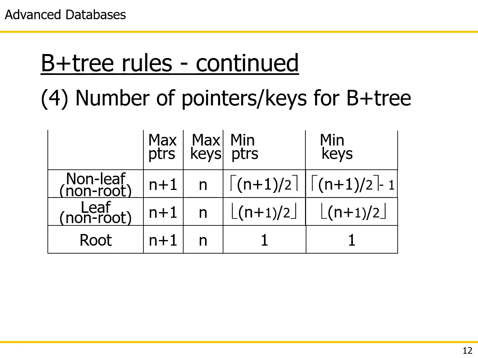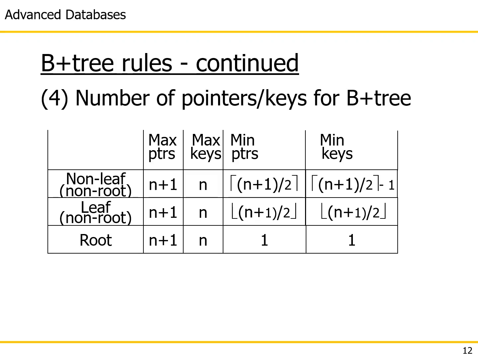So let's try to consolidate our rules here in one picture. So maximum number of keys per any node, whether it's a root, the leaf, or non-leaf, is the same. It's going to be n. Maximum number of pointers associated with any node is also going to be n plus 1.